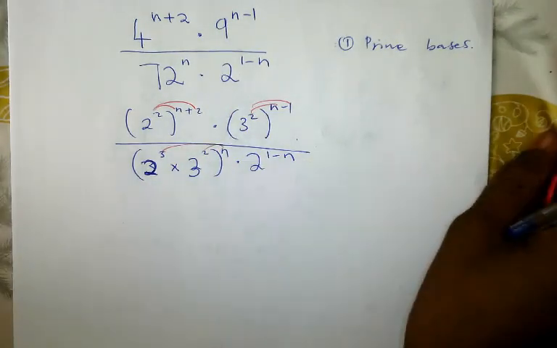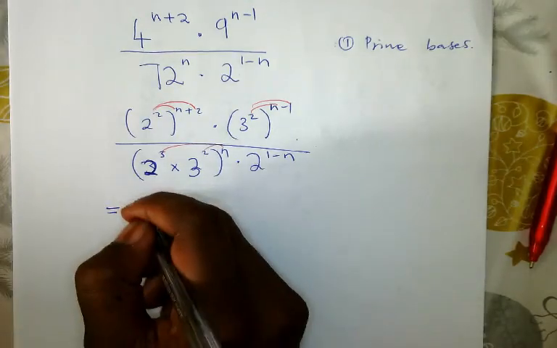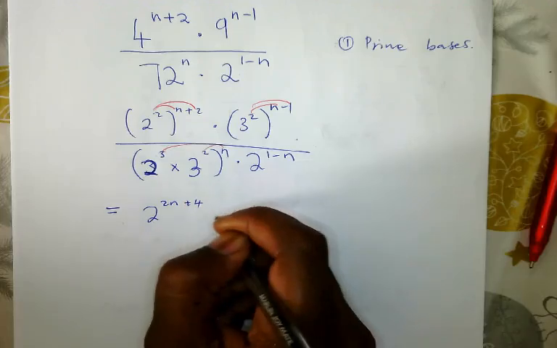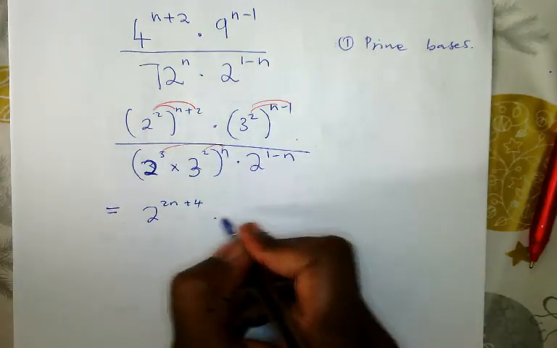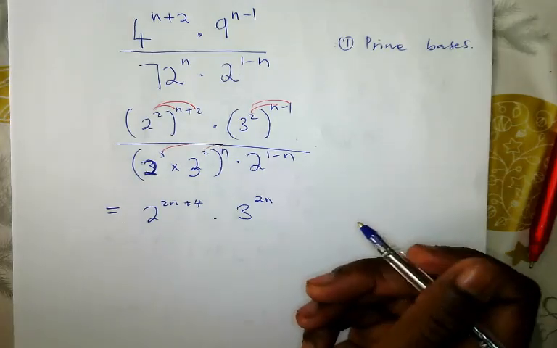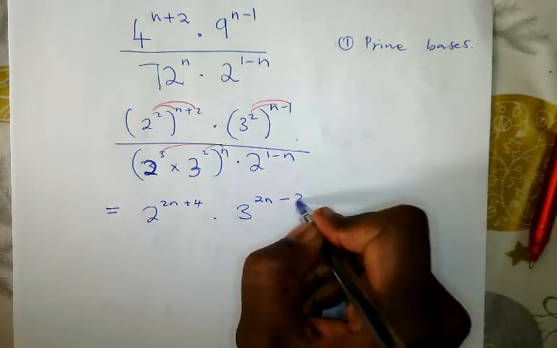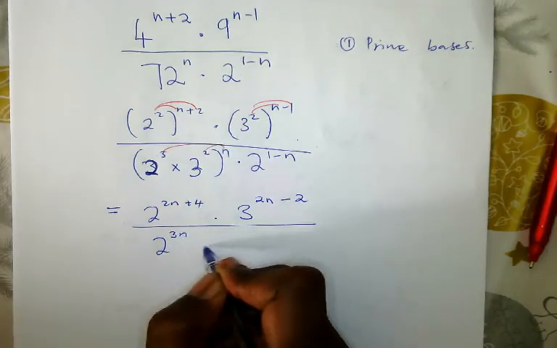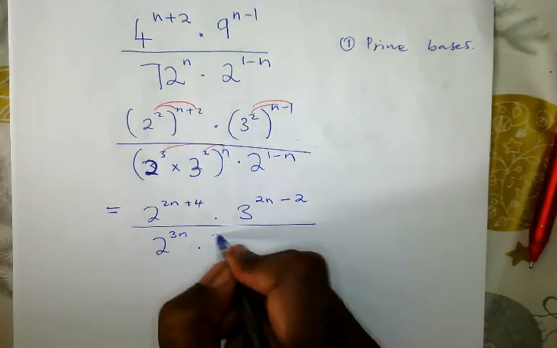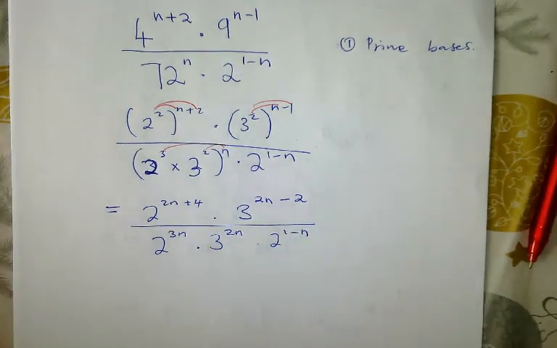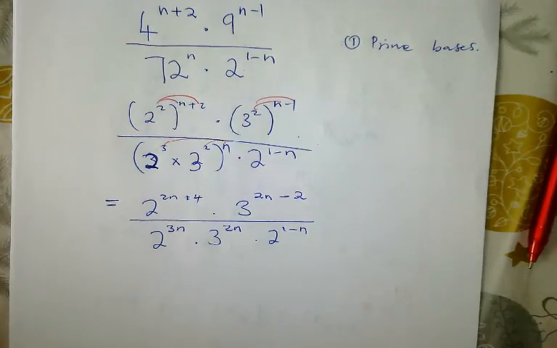So my answer is going to be 2^(2n+4) multiplied by 3^(2n-2) over 2^(3n) multiplied by 3^(2n). You can write it like that. Okay, are we fine?